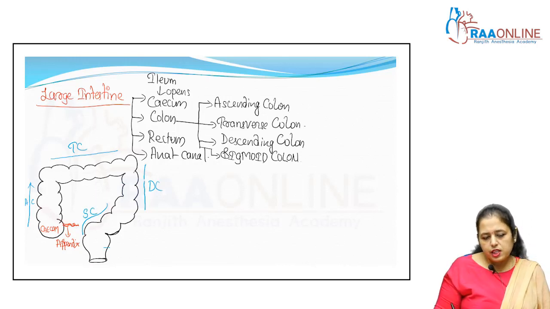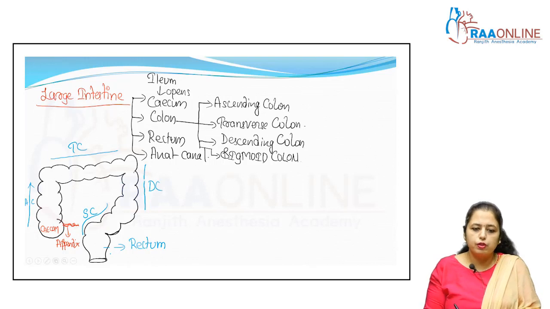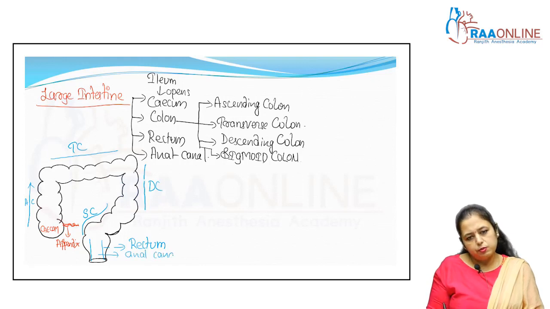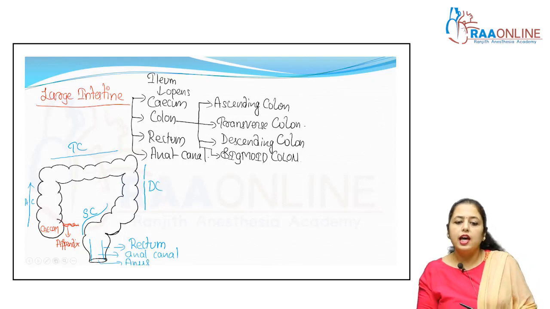This is known as the rectum, which is the storage house of the feces, right? The last portion is called the anal canal, because it is a canal-like structure present in the anus, and that is called the anus, right. This is called the anus.